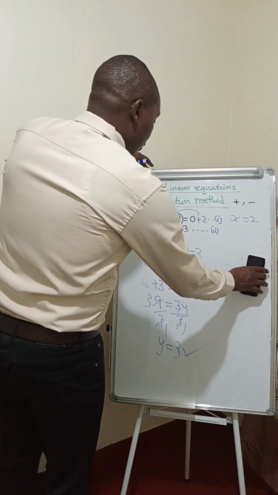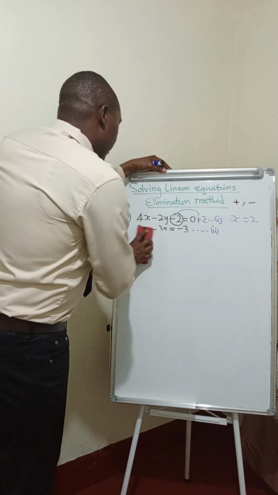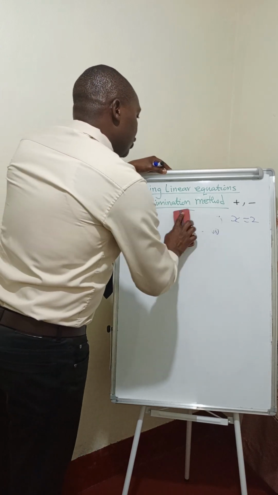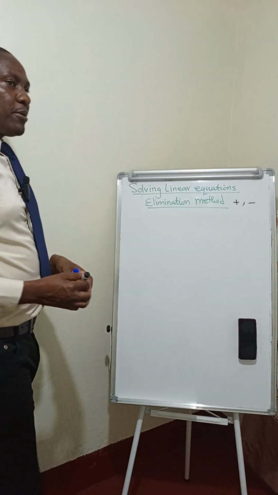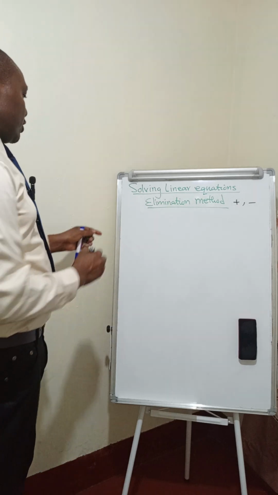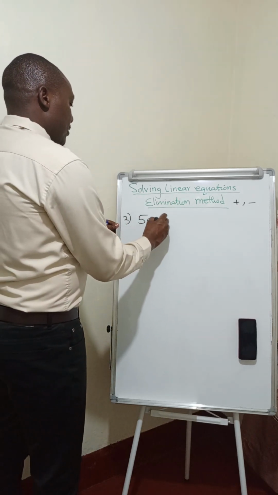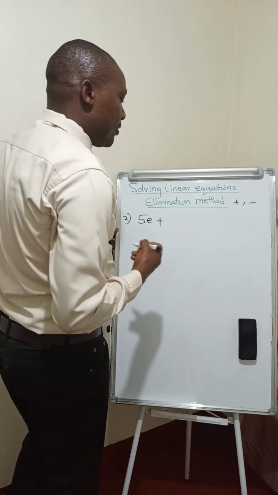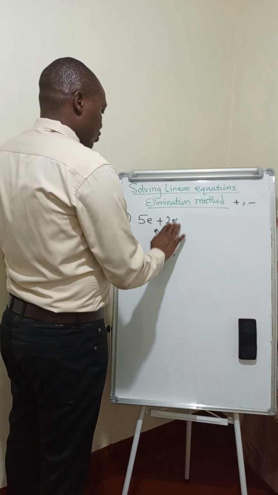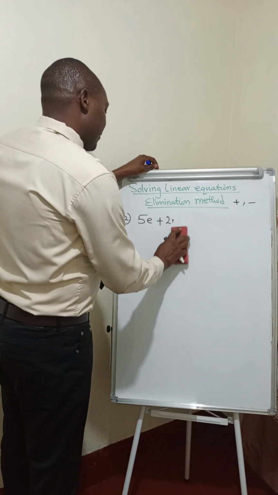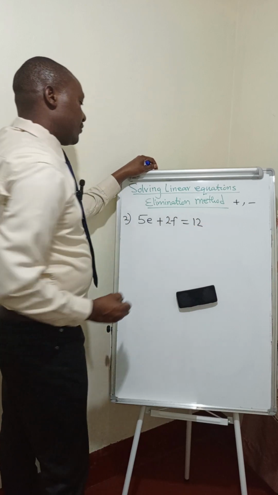Question number 2. Question number 2, you can be given a question like 5e plus maybe 2f, I'll use letter f, is equal to 12.